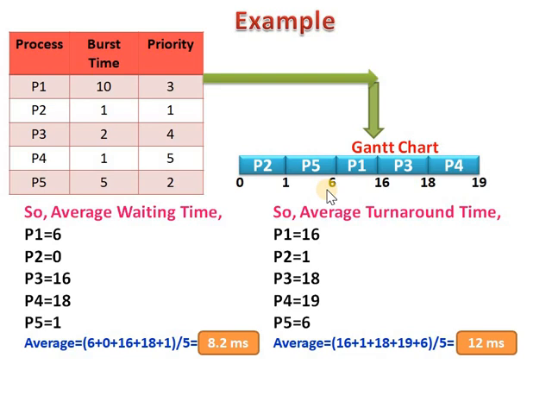We know that the turnaround time defines the interval from the submission of a process to the time of completion. The P1 process is completed at time 16. The P2 process is completed at time 1. The P3 process is completed at time 18. The P4 process is completed at time 19 and the P5 process is completed at time 6.